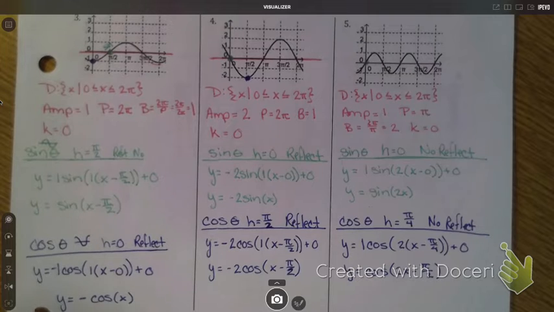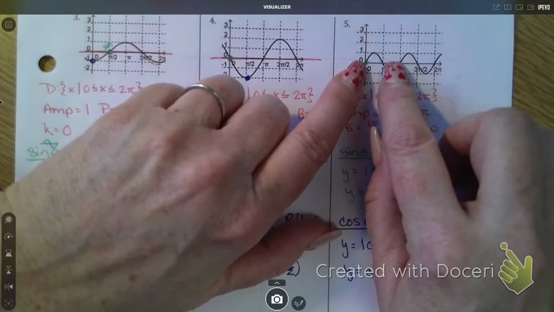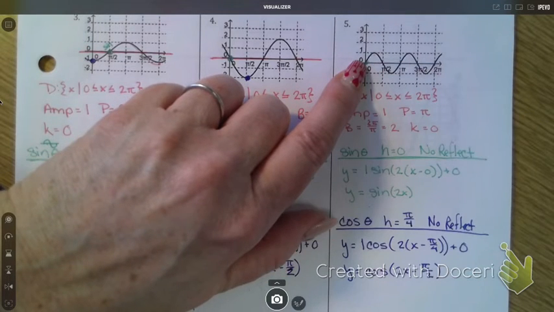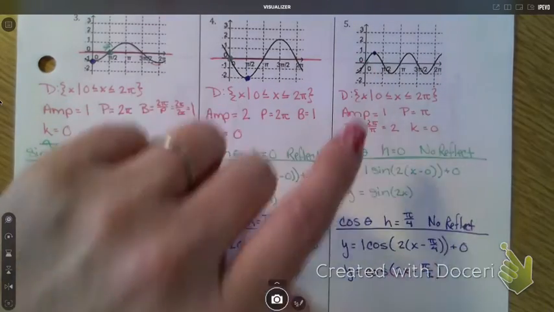How'd that go for you guys? Pretty bad. I just got stuck on the h for cosine because it wasn't written out, but then I looked up and you already did it, so I just did it. Okay, so we know that these graphs are cut into how many equal pieces? 4. That's where our scale comes in. If I know that this is cut in 4 equal pieces, and I know from 0 to pi over 2 is half of it, then that maximum is going to be halfway between there, so I have to divide pi over 2 by half, don't I?